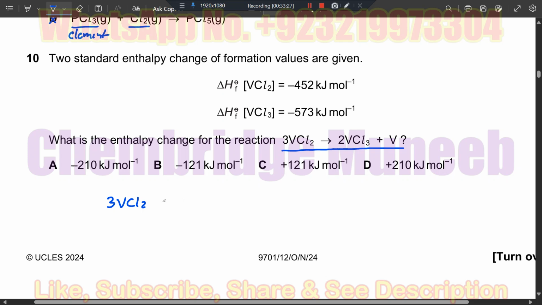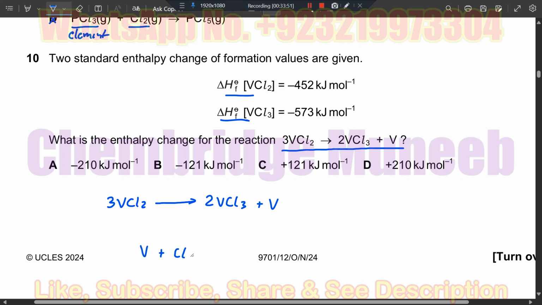3VCl2 is converting into 2VCl3 along with V. Now for the half cycle, it gives the enthalpy of formation of this compound and the enthalpy of formation of this compound, which means this and this compound must be produced from the elements. So the elements we have are vanadium and chlorine.